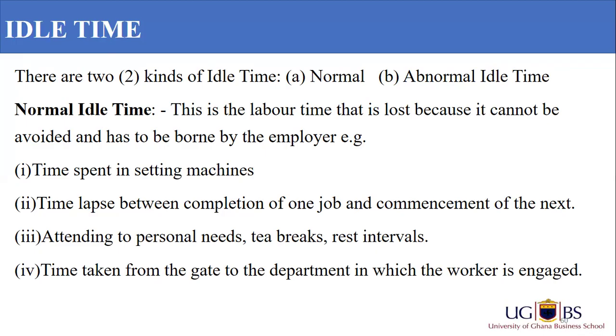I'm going to walk from the business school to JQB. Basically, there will be a time lapse there because before you get to JQB, it's almost 1:40, right? Then you've spent more than 10 minutes already. Then attending to personal needs, tea breaks, rest intervals, and the likes. Then time taken from gates to departments in which the worker is engaged.